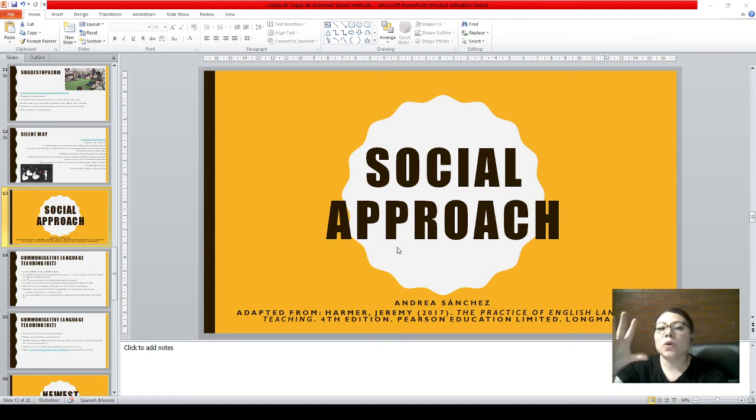So if you know these chunks, it gives you the opportunity to become fluent more easily, but also it gives you the chance to create more phrases, because these are fixed or semi-fixed phrases.